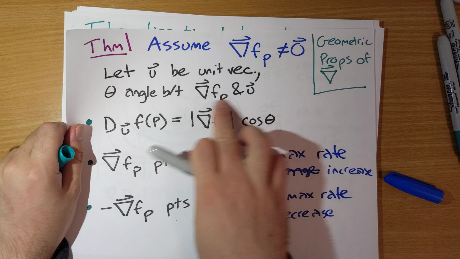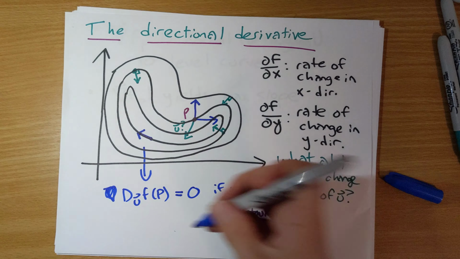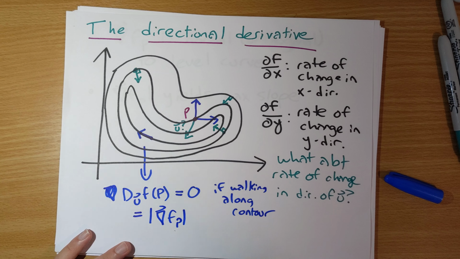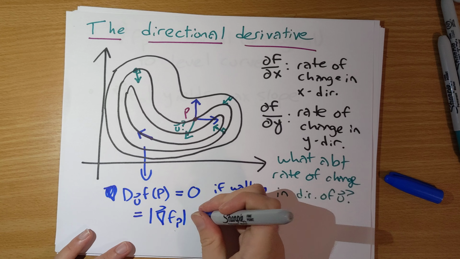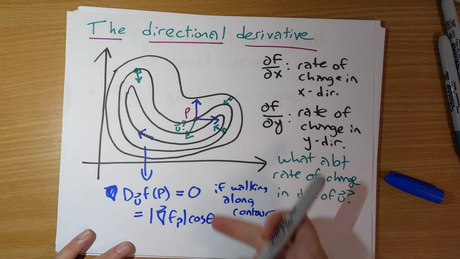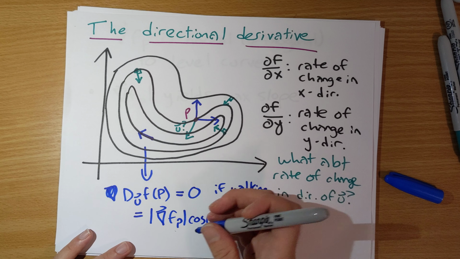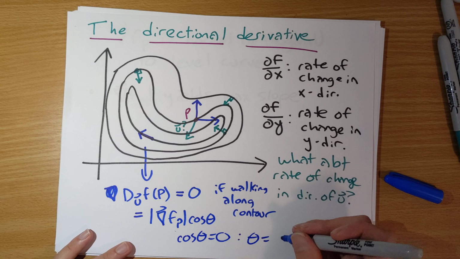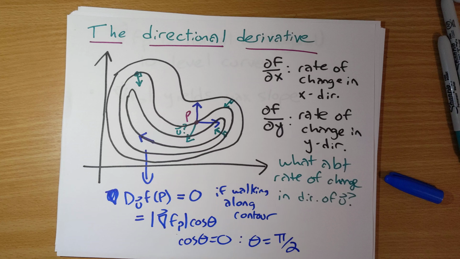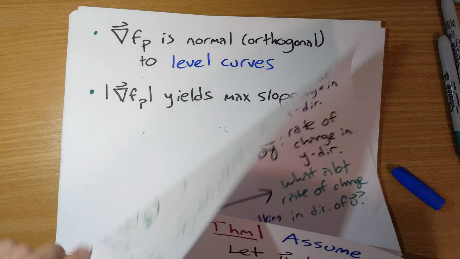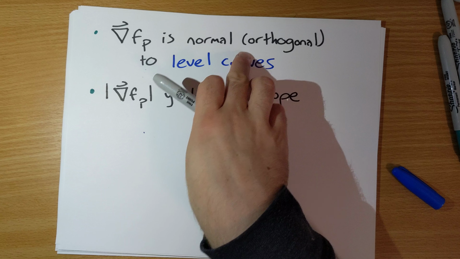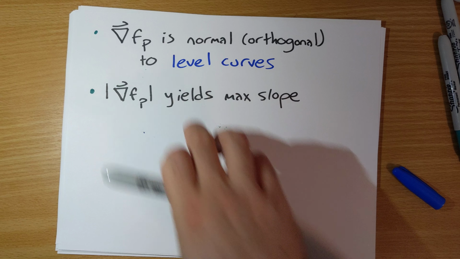But using this definition right here, this is equal to the length of the gradient f at P times cosine theta. If this expression is equal to 0, cosine theta must be 0. Theta is equal to pi over 2 radians, 90 degrees. So that's why the gradient is orthogonal to level curves.